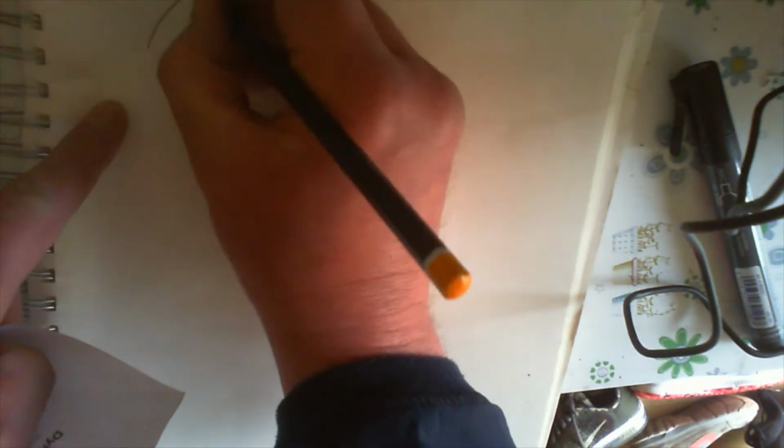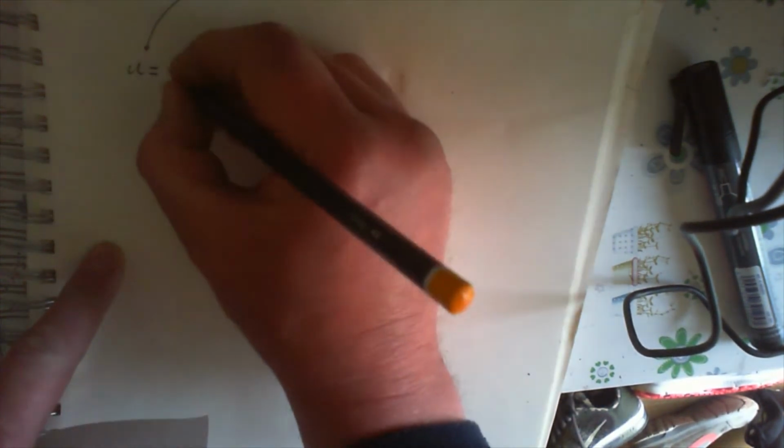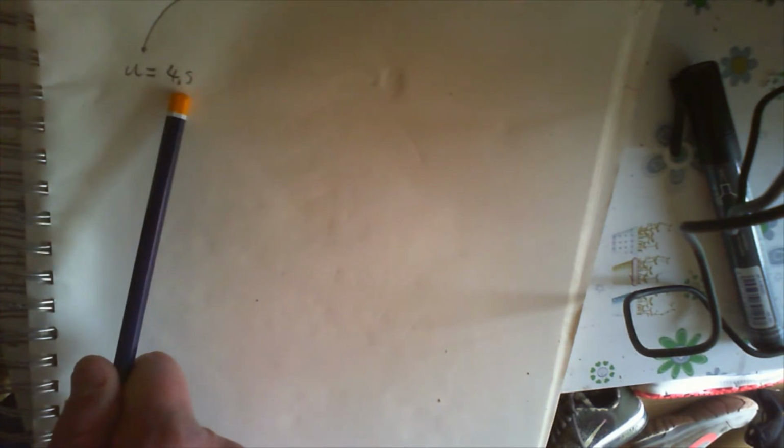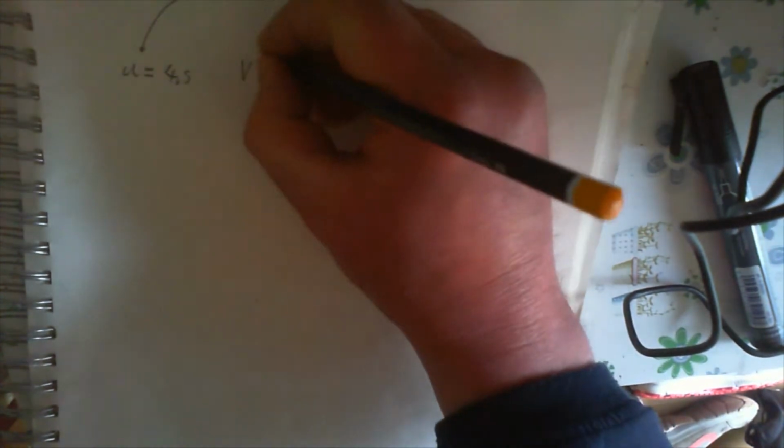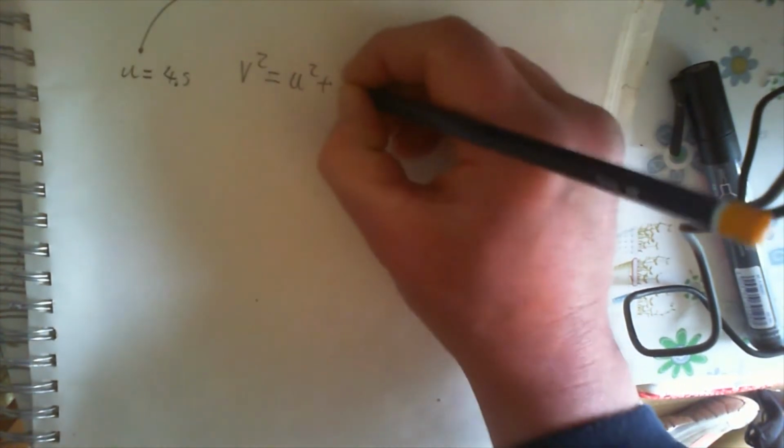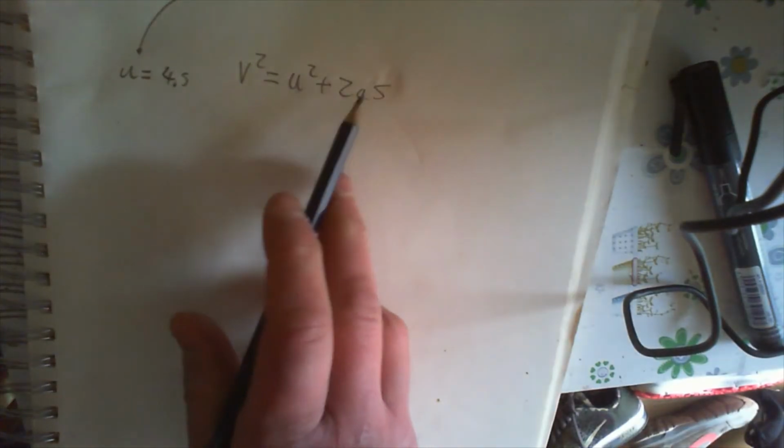To find the maximum height, we know that when it gets to there, v equals 0 and u was equal to 4.5, so that's 0, that's 4.5. We know the acceleration due to gravity, and we want to find the distance, so we'll use this equation here, v squared equals u squared plus 2as, because we've got that and we're wanting to find this.